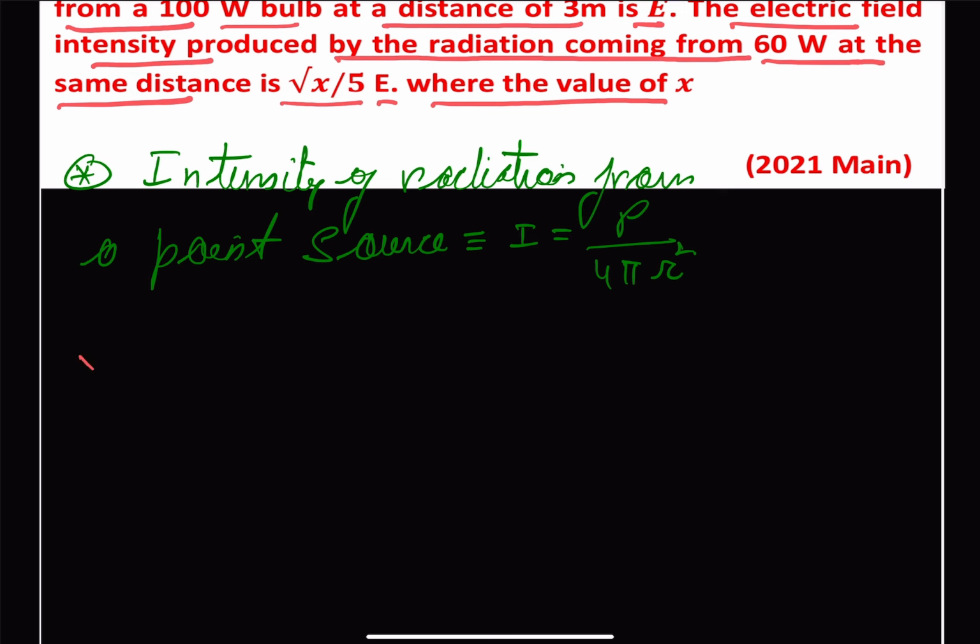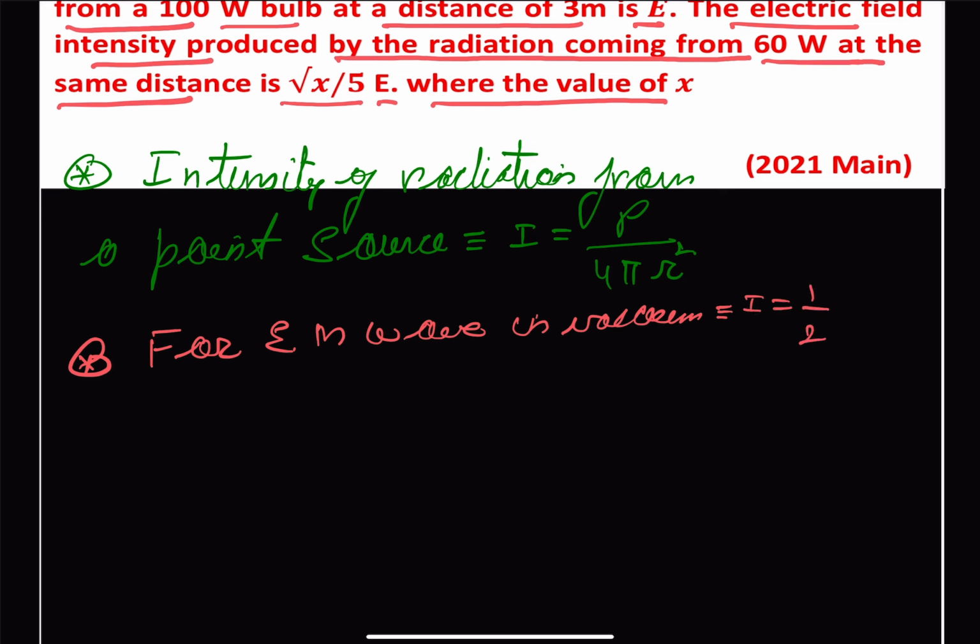So we can say for EM wave in vacuum, our intensity is equal to 1 by 2 C epsilon naught E square.